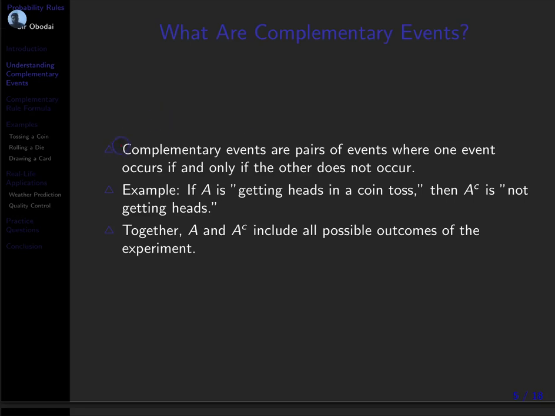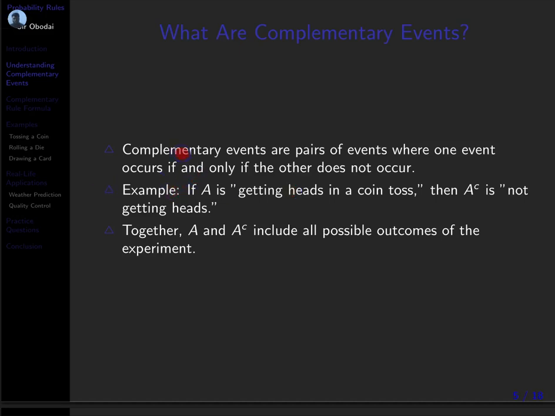So when we talk of complementary events, they are a pair of events where one event occurs if and only if the other does not occur. You see, these two events can never occur together. One occurs only if the other does not occur.